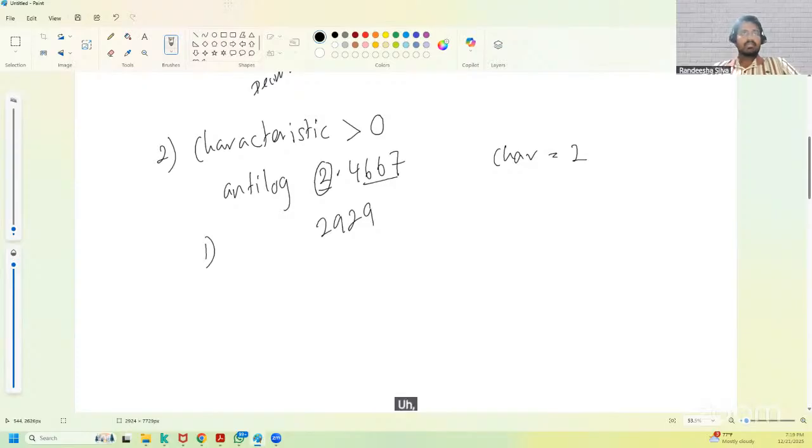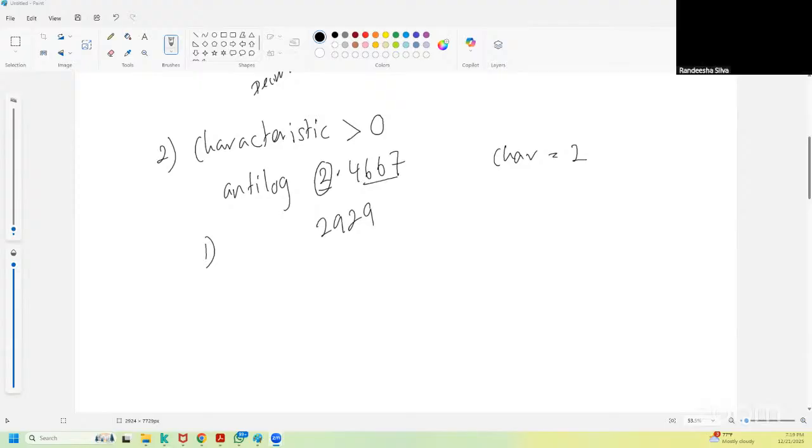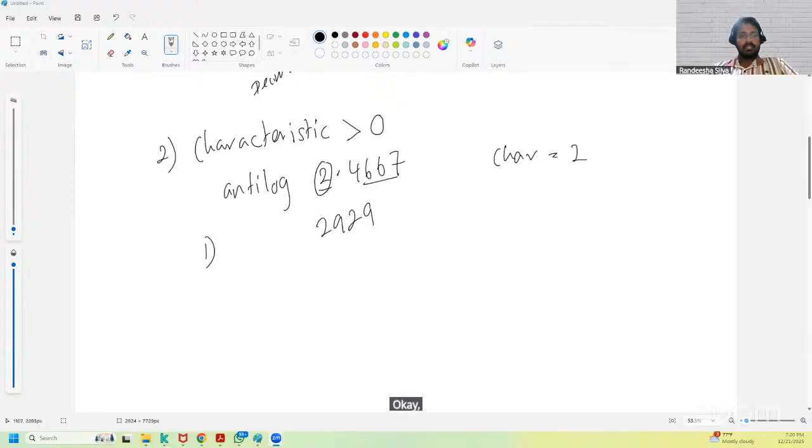The characteristic is 2. Okay, so the characteristic is 2 here. Then I will derive how to do it.